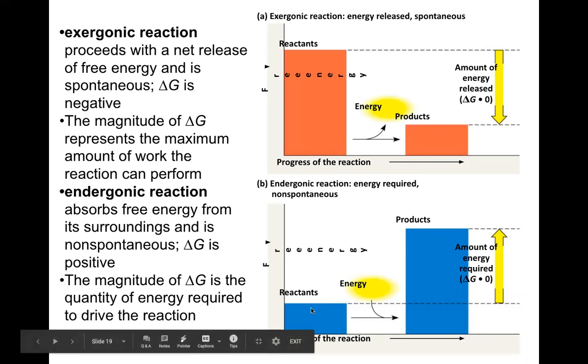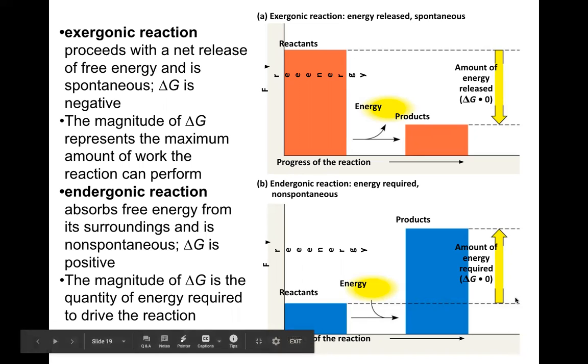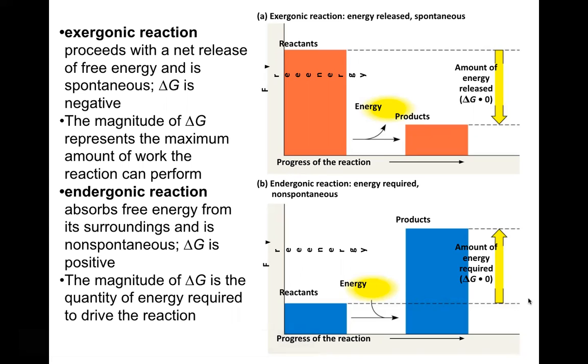If, on the other hand, in the blue graph, the free energy of the reactants is lower than the free energy of the products, then that reaction is non-spontaneous. It requires input of energy. We need to supply it with free energy. And the magnitude of delta G, which is now positive, is the quantity of energy which is required to drive this reaction.